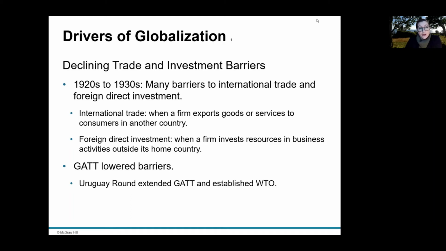So in the 1920s and 30s, we can recognize that there were many barriers to international trade as well as foreign direct investment. The GATT lowered these barriers. The Uruguay round extended GATT and established the World Trade Organization in 1995, as we mentioned.